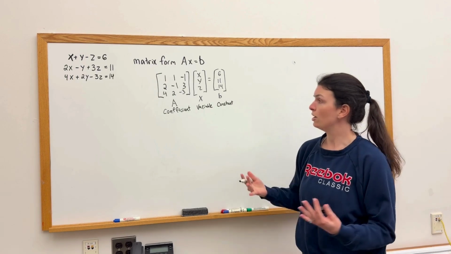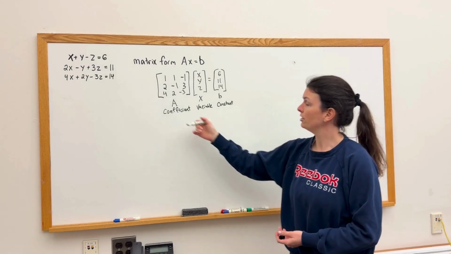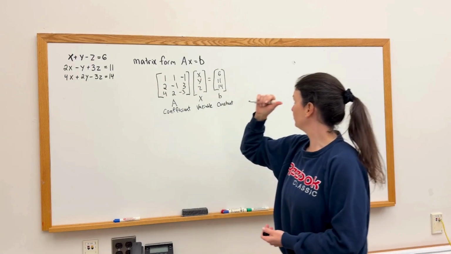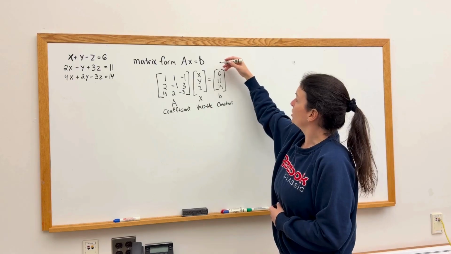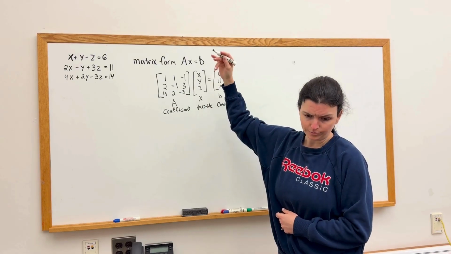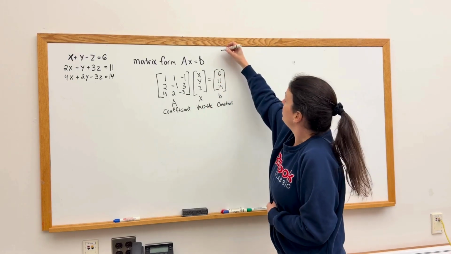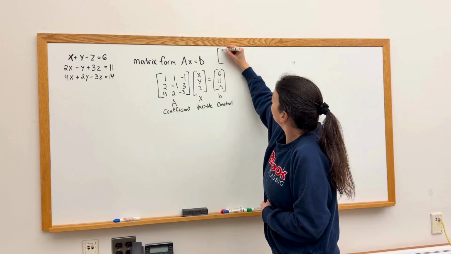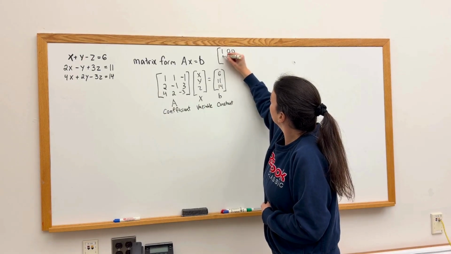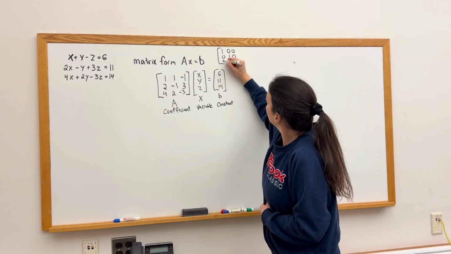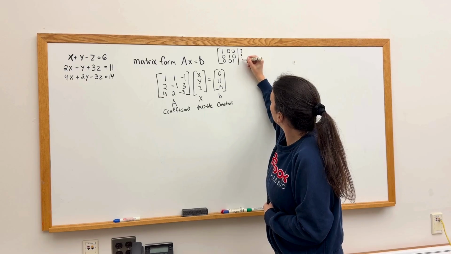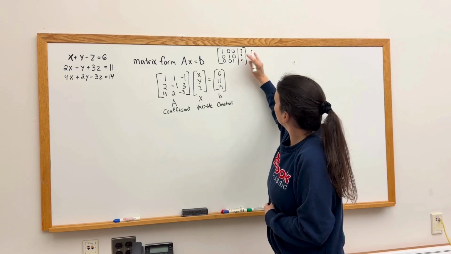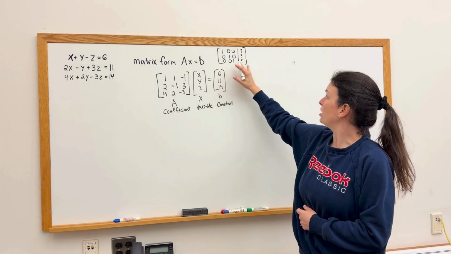All right. So how are we going to solve for x, y, and z? What we're looking for at the end of this, we're going to create an augmented matrix that looks something like this. This is what we're going to end up with.